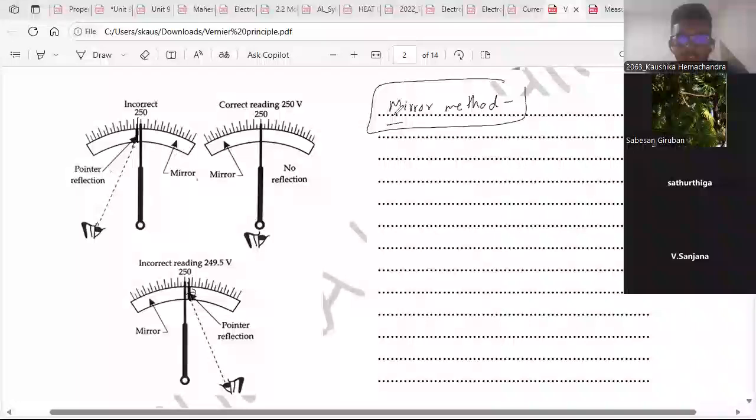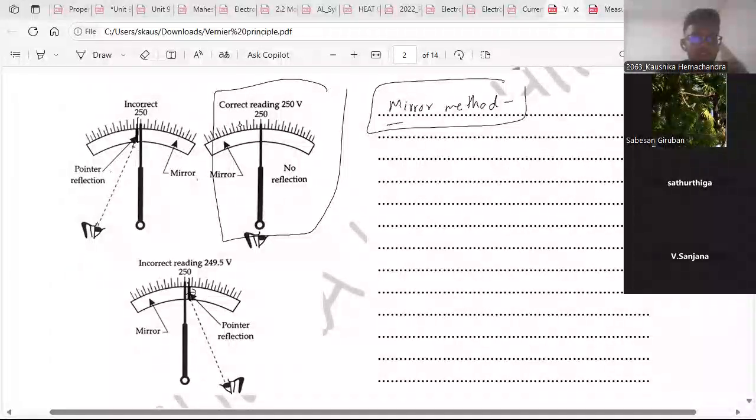That's mostly used in equipment such as ammeters and voltmeters. So you can write, example: used in ammeters, voltmeters, galvanometers. We will be learning about those instruments as well, not in this lesson, but in unit 8. You have a long way to go for that. So this is a part of a voltmeter, no? That's why it says 250 capital V volts.